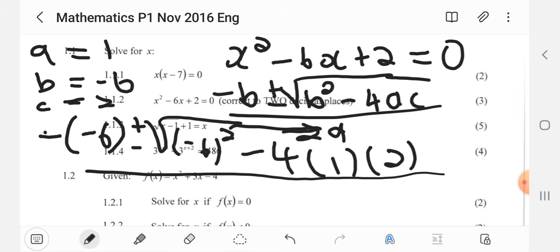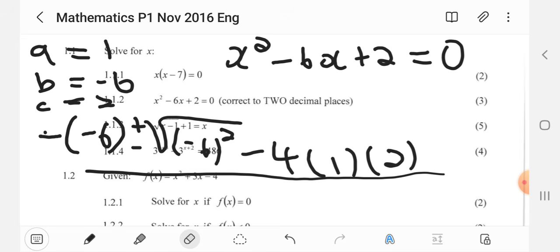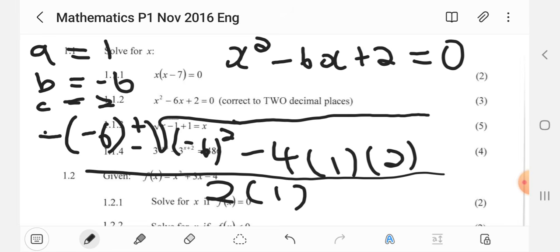But you know the formula, so I'm just going to erase this because we don't have space, and then we'll have 2 into 1 like that.